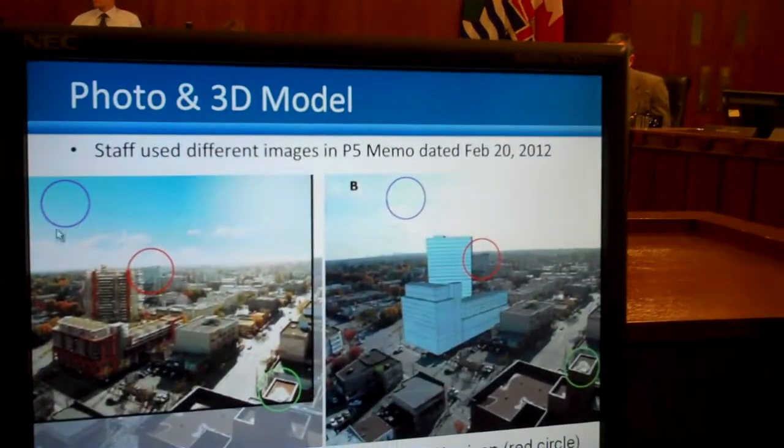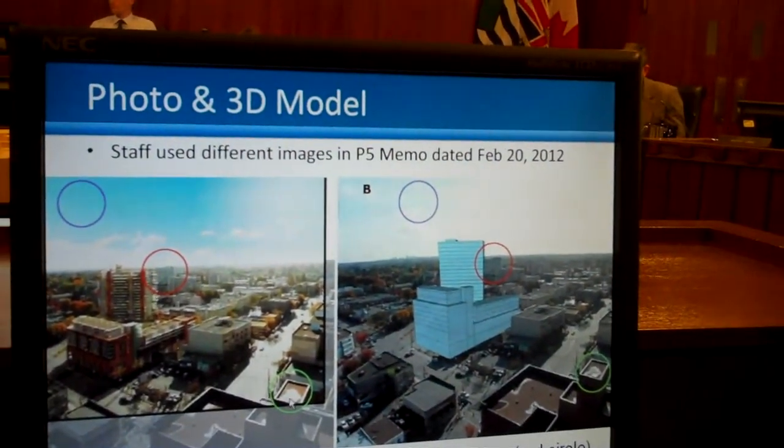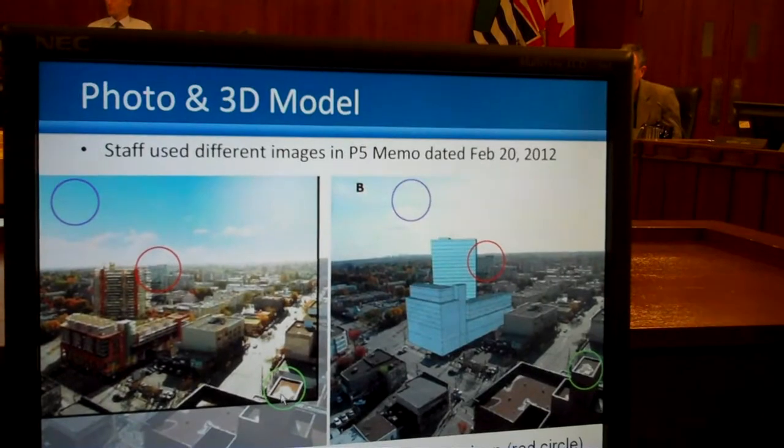Now, if this is the original image and it's been tampered with, you can compare this for yourself, but you can see the clouds don't match, the horizon doesn't match, and the Lee building doesn't match here. If staff had realized that the applicant had used this photograph as a starting point, they should have said, full stop here, we've got an image that's been tampered with and played with, and then contact me, because I have not been contacted by staff during this process at all.